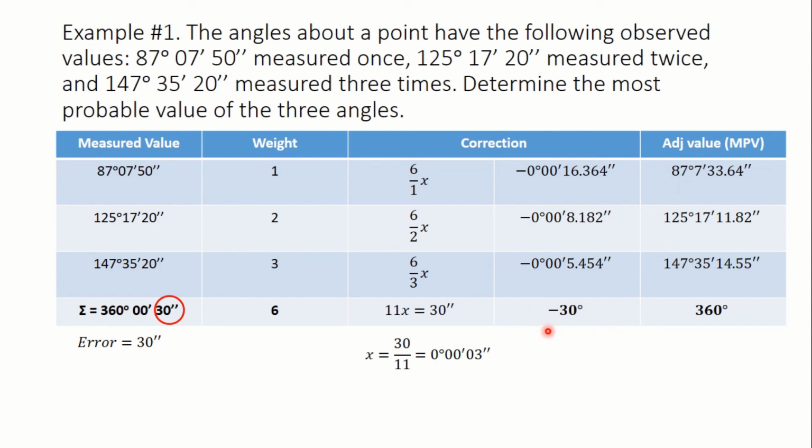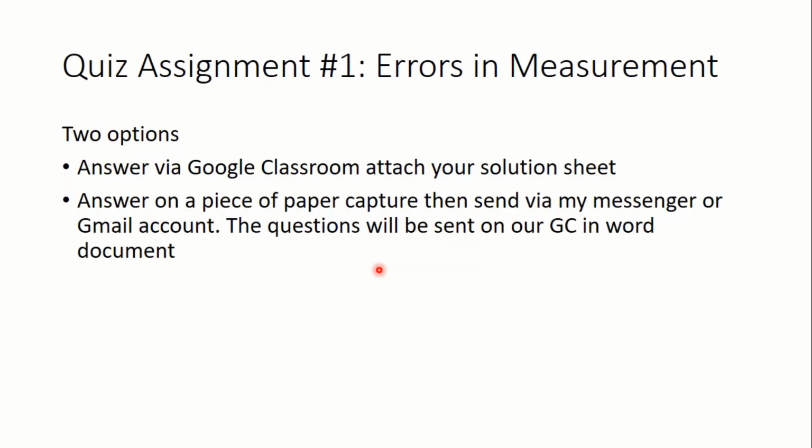So, pwede nyo nang sagutin yung quiz, assignment number 1. Okay? So, pwedeng magkaroon kayong option na answer via Google Classroom and then attach your solution. I-attach nyo lang doon sa inyong isasubmit pag mag-turn in kayo. Ito ay para sa mga malalakas ang internet connections.